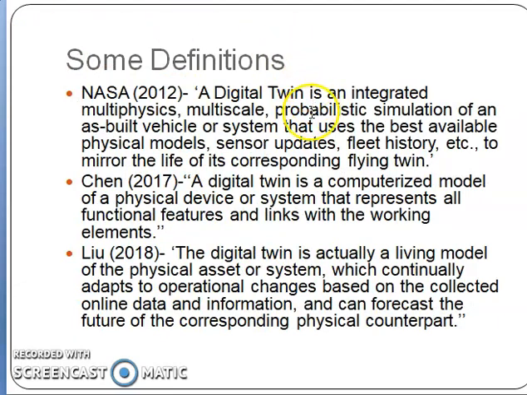Now these are some of the definitions that are given by NASA, Shen and Louis in the different research papers that have been reported. NASA says that originally the digital twin was first implemented by NASA when they created a spaceship and wanted to know how that ship is going to behave in the sky, because that cannot be directly monitored.